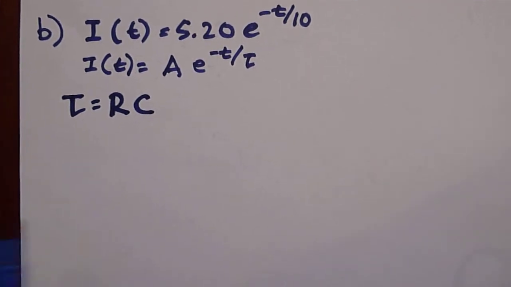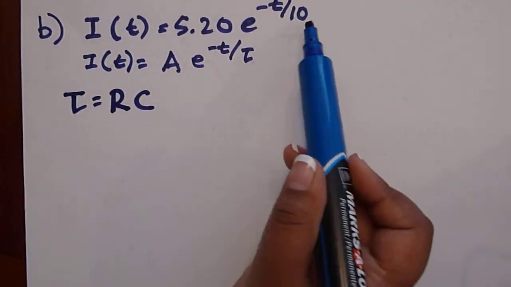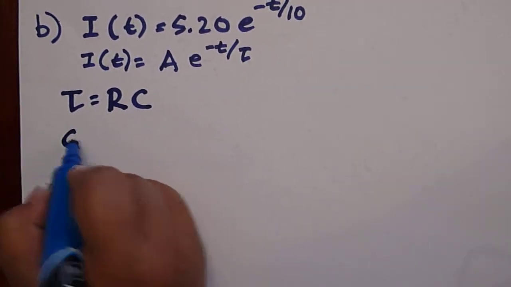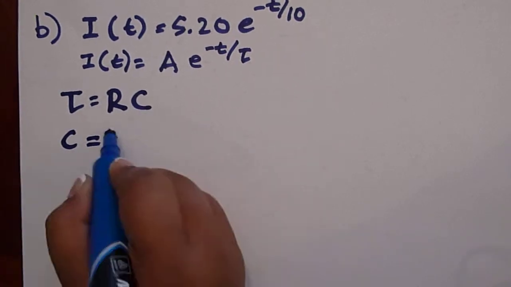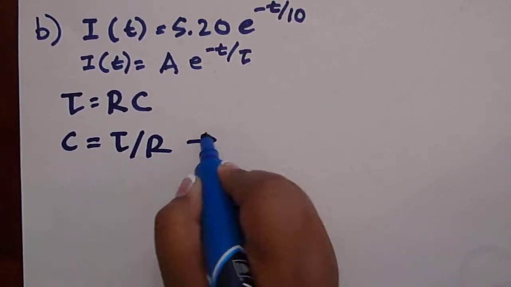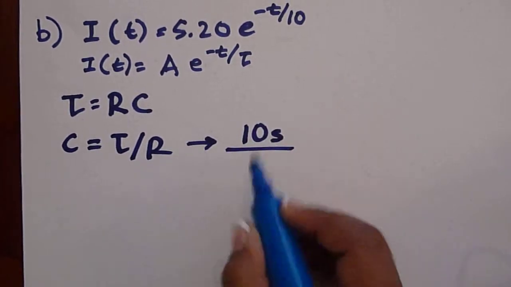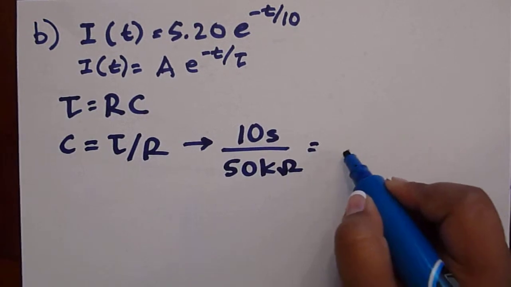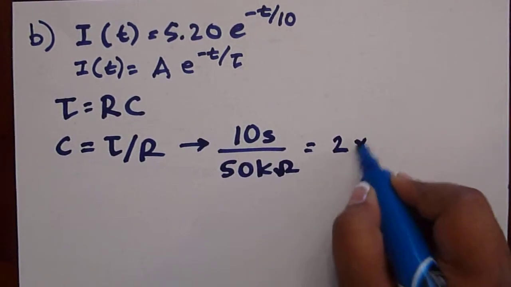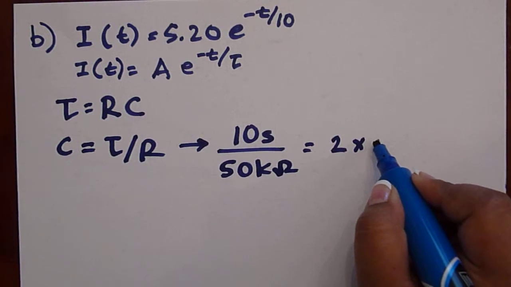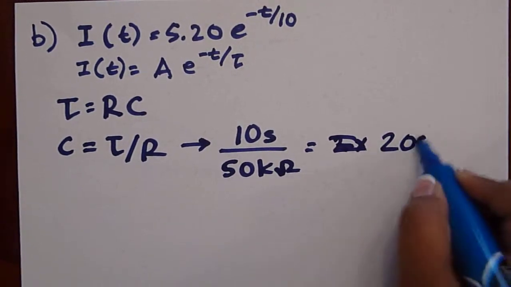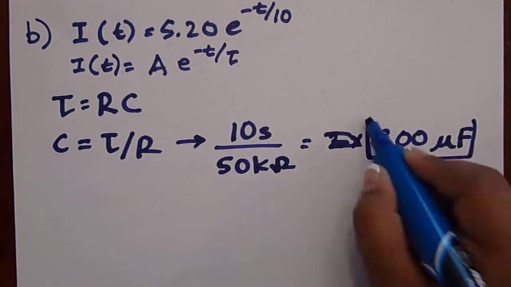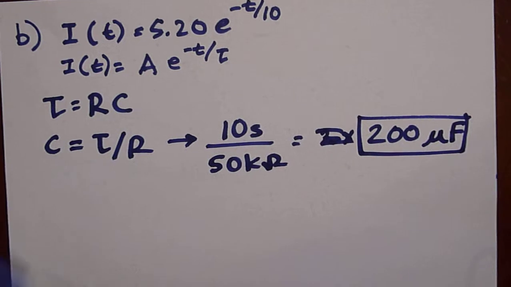In this case, we know that tau is equal to 10, and we know our resistance was 50 kilo ohms, so we can easily solve for C. C is equal to tau divided by R. So tau is 10 seconds, and R was 50 kilo ohms. If we evaluate that, we have 200 microfarads for our capacitance.